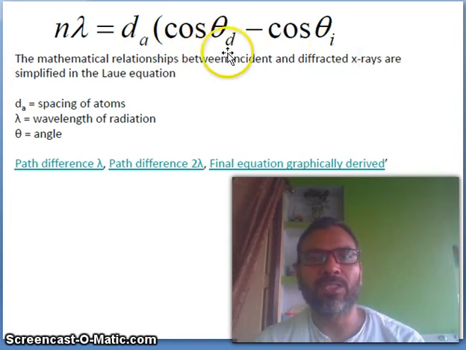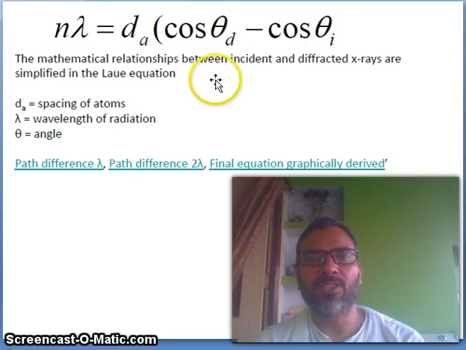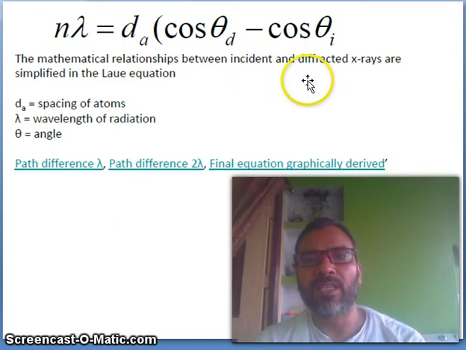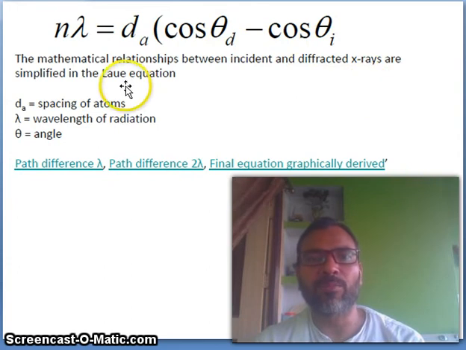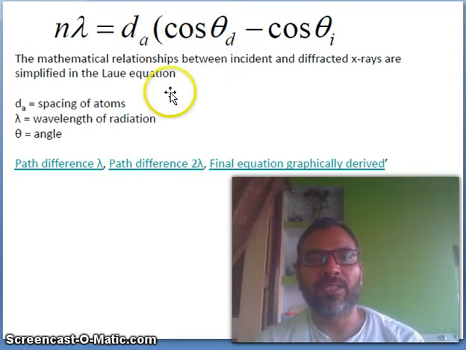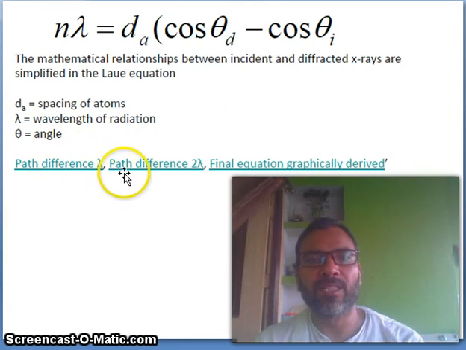What is the meaning of this? The mathematical relationship between incident and diffracted X-rays is simplified in the Bragg equation. So d is the spacing of atoms, theta is the angle, and lambda is the wavelength, with n the number of wavelengths. So path length difference lambda, path difference 2 lambda.